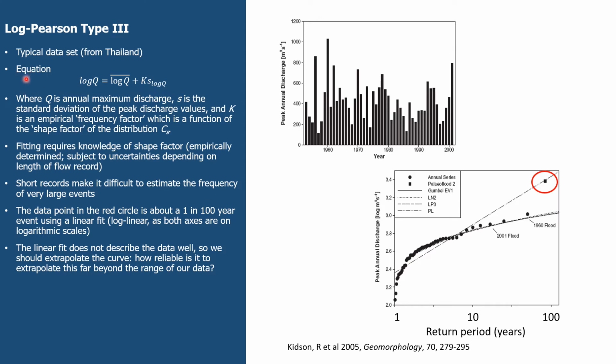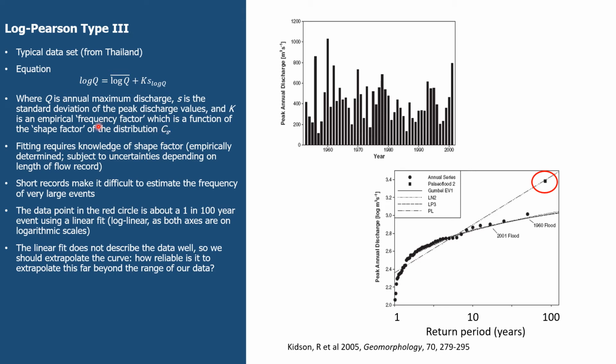The equation, and again, we don't need to worry too much about this, says that the log of discharge is equal to the mean of the log of all of your discharge values plus a constant k, a frequency factor, which is then multiplied by the standard deviation of the log of discharges. And the k value in turn depends upon a shape factor of the distribution, often referred to as c or c subscript s.